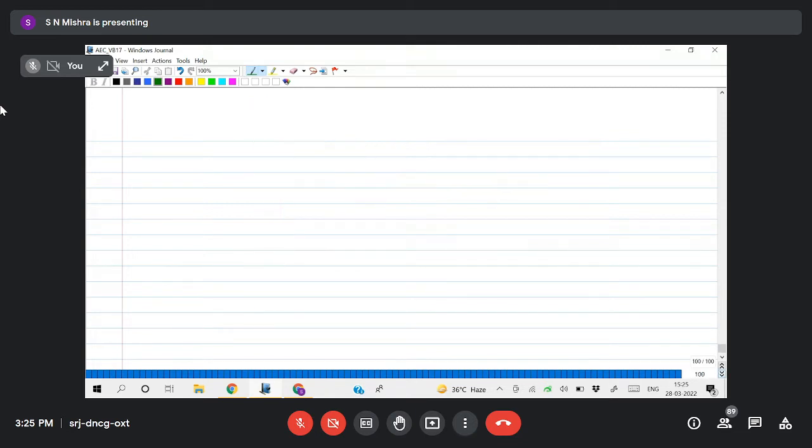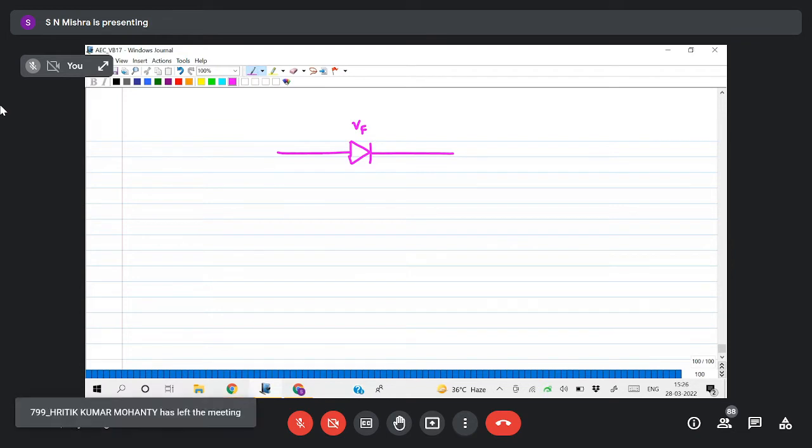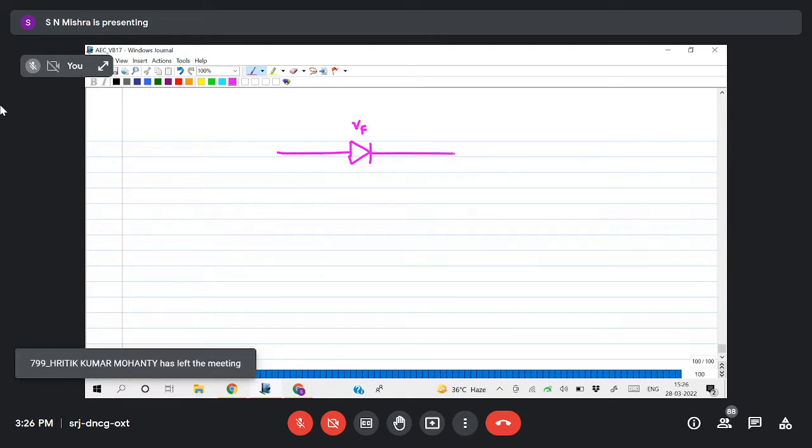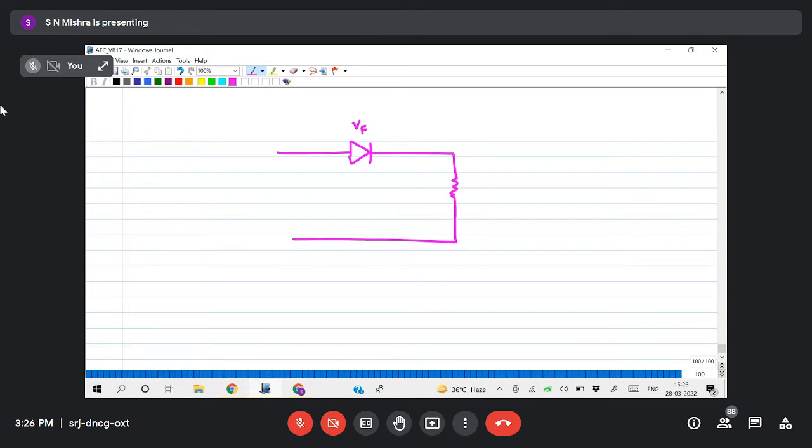Now I'll give another question of the same type. Let us see how many of you will do it. I'll take a diode here. The threshold voltage of the diode is Vf. It is not an ideal diode, it is a practical diode whose threshold voltage is Vf. Then a resistor. On this side is the input and this side is the output.